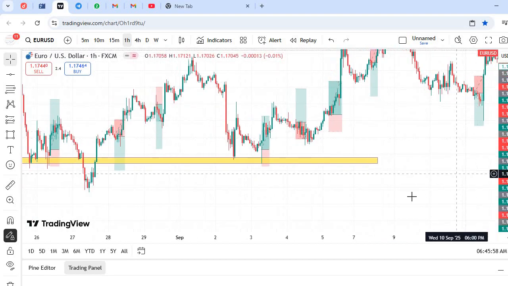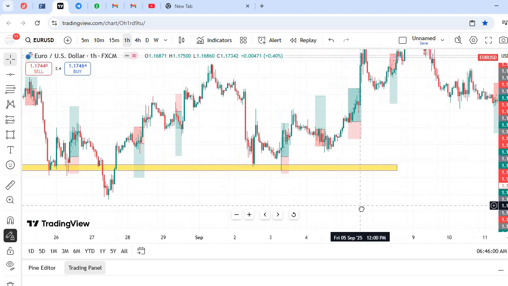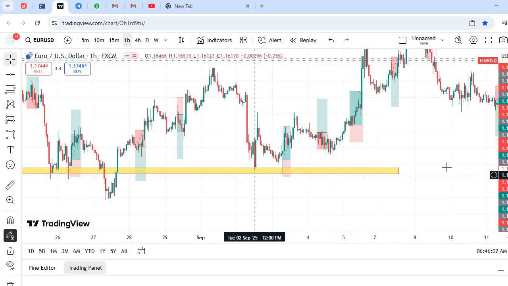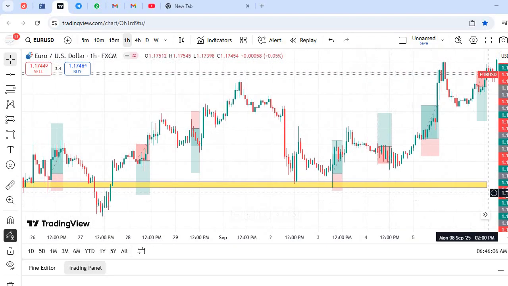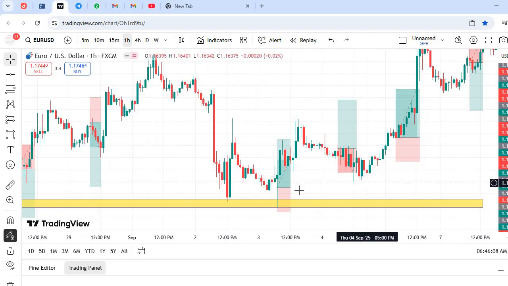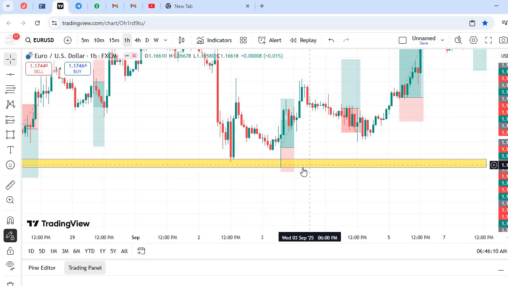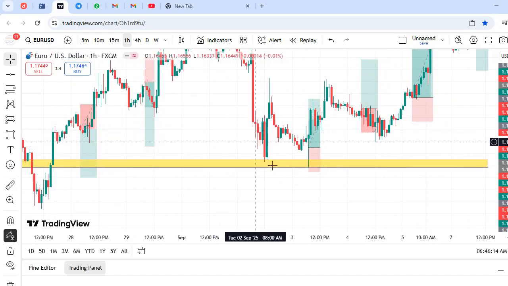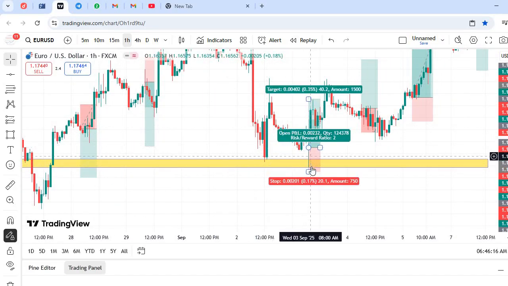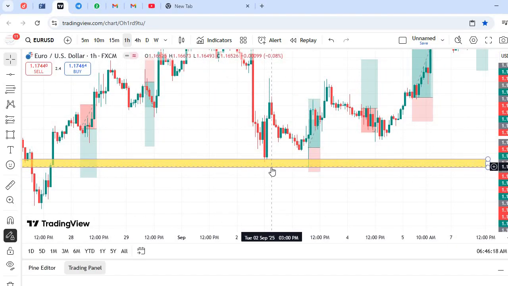So let's assume. Now let me look at this trade I took. It was a winning trade for me. So I've been able to identify this level. This was the last low. Then you can see liquidity came to take it out. Let me remove this.